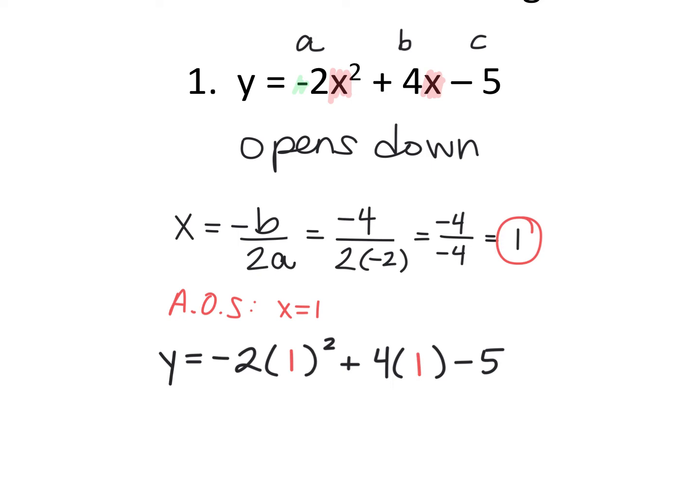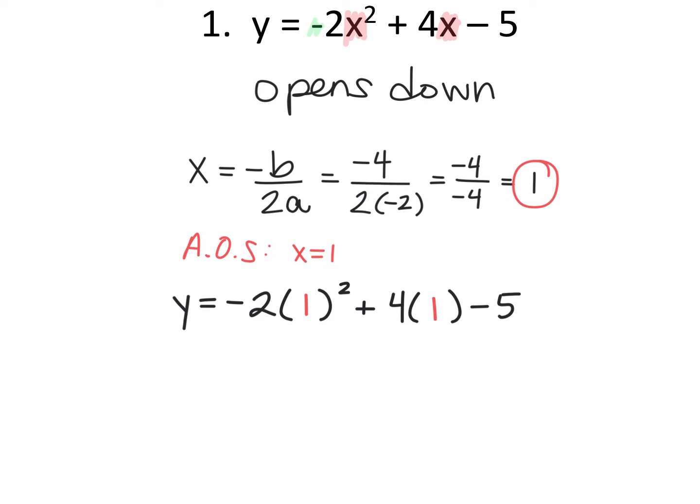This would be something, if you can do it in your head, that would be fantastic. If you need to use a calculator, that's fine too. I know that 1 squared is 1. So it's negative 2 times 1 is a negative 2. 4 times 1 is 4. And then minus 5. So negative 2 plus 4 is positive 2. Positive 2 minus 5 is negative 3.